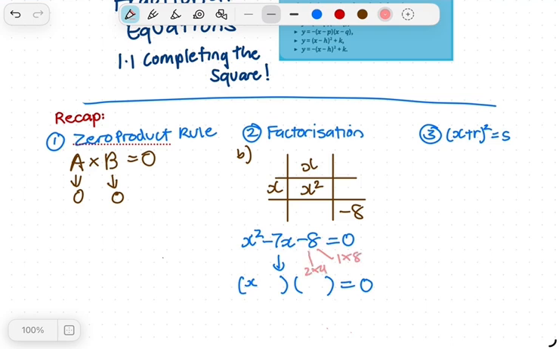And since we know to get 7x, we have to use 1 times 8, we can write it such that we put 1 here and negative 8 here. Why negative 8? Because we have a negative 7 here, which means the bigger number must be a negative number.